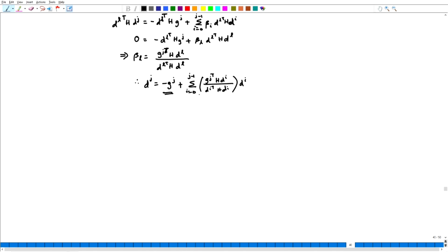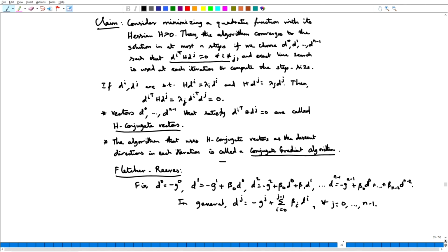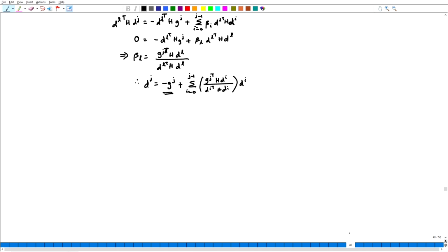But in this form, the Fletcher-Reeves form of conjugate gradient algorithm, we write minus g j plus summation of some scalar into d I, that is, with minus g j you add certain scalar multiples of d I as well. Okay. So, when I do this, you can see that this condition of d I transpose H d j equal to 0 is satisfied, because that is how I have figured out beta i's.